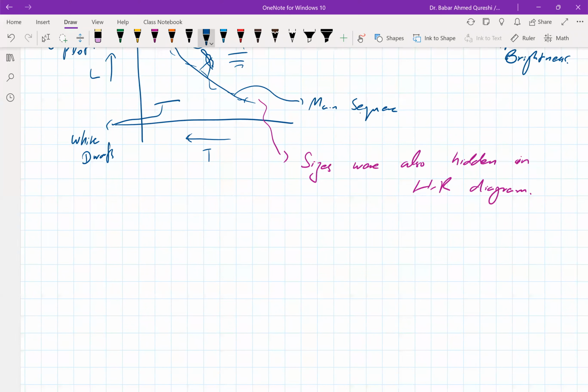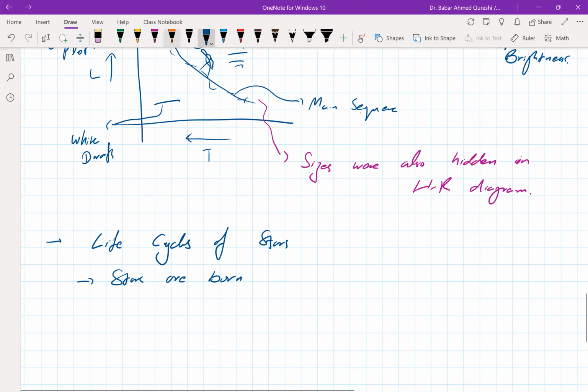After discussing all this, we discussed life cycles of stars. We learned that stars are born, how and why.